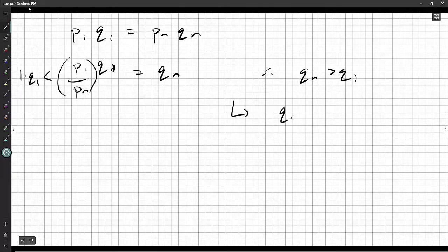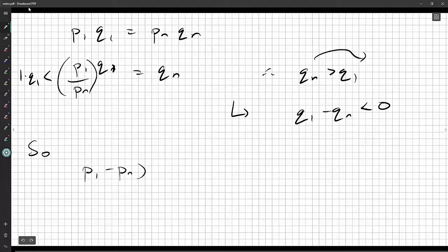And as a result, Q1 minus Qn must therefore be less than 0, bringing this one over to the other side. So P1 minus Pn times Q1 minus Qn has to be less than 0 in this case.